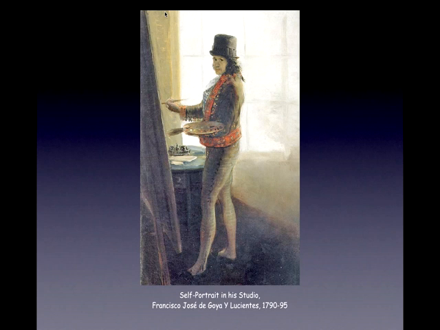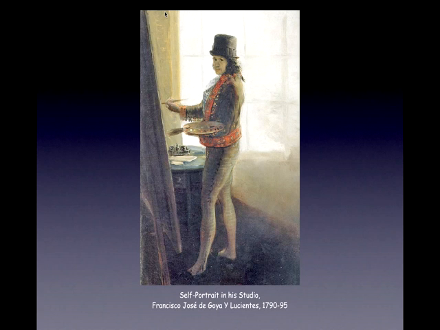I show you a self-portrait of the artist created sometime between 1790 and 95. He is putting the final touches on a painting. He looks out at us, and there are candles or candle holders in his hat because we know that he often put some final touches on his paintings at night, and so that was his source of light that came from his hat.